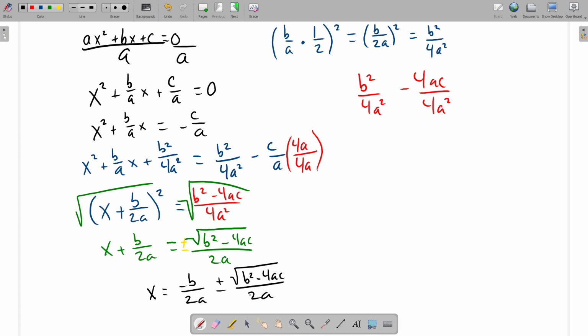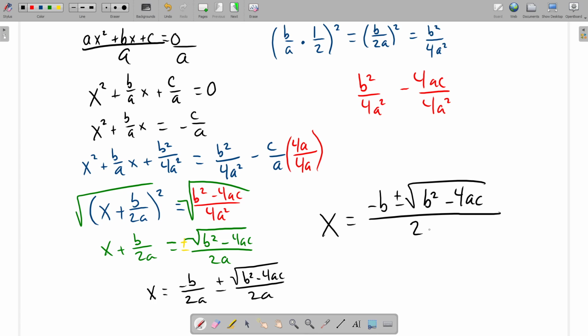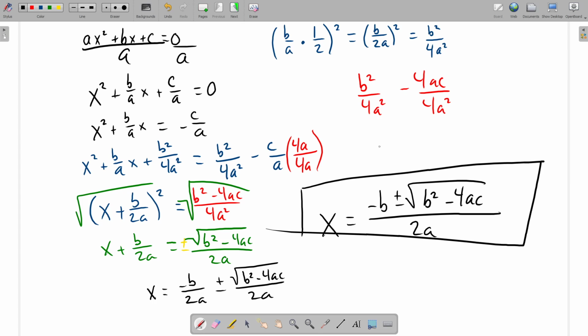These are both fractions and they share a common denominator already, so if I want to, I can rewrite this as x equals negative b plus or minus the square root of b squared minus 4ac, all over 2a. This is the quadratic formula.